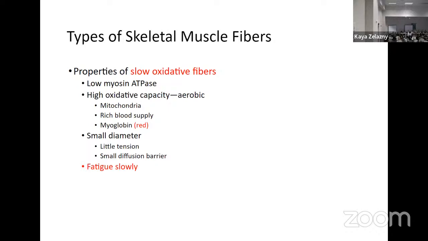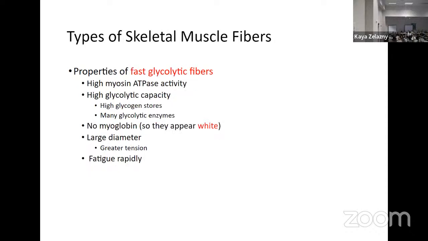Okay. Overall, they end up fatiguing slowly, right? Because they're producing their ATP in an efficient way. Also, they're only using that ATP slowly because of the low myosin ATPase activity in this case, right? But overall, you can use them for a long time. Okay.